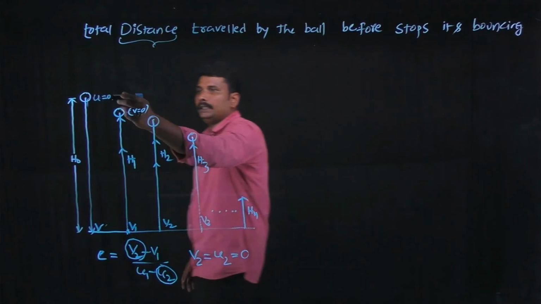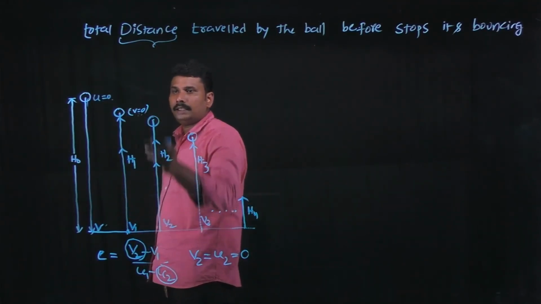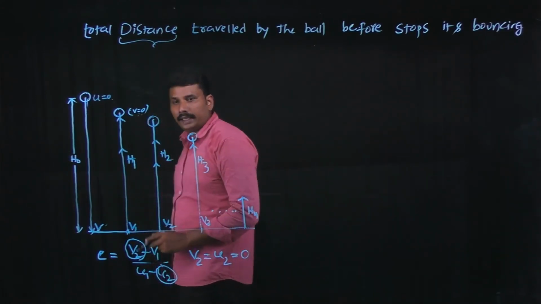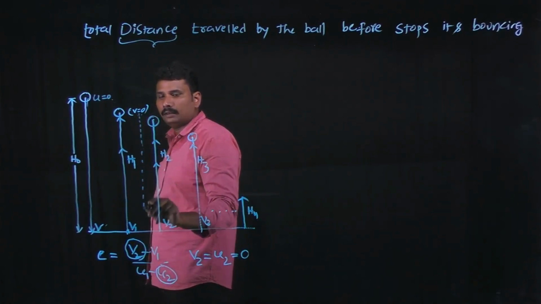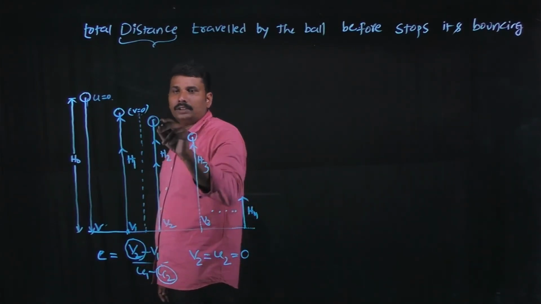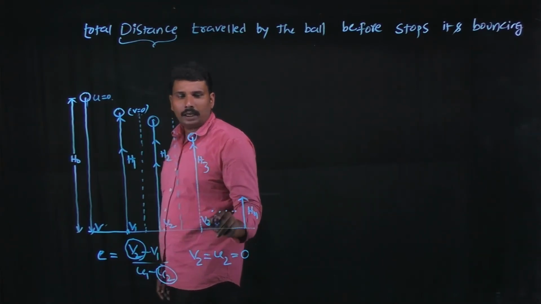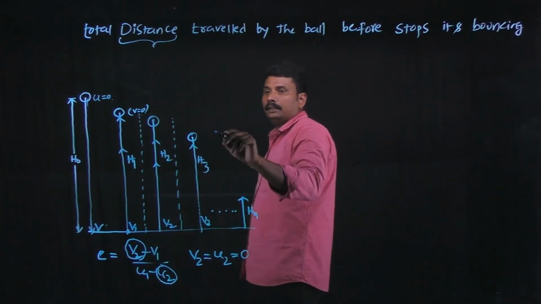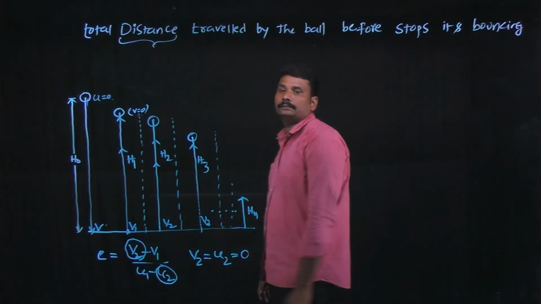Initially, the sphere falls from a height h naught and, after hitting the ground, it rebounds to a height h1. Then, from the height h1, it again falls like a freely falling body and rebounds to a height h2. From here, again it falls like a freely falling body and rebounds to a height h3. From this height, again the ball falls like a freely falling body and rebounds to some height.